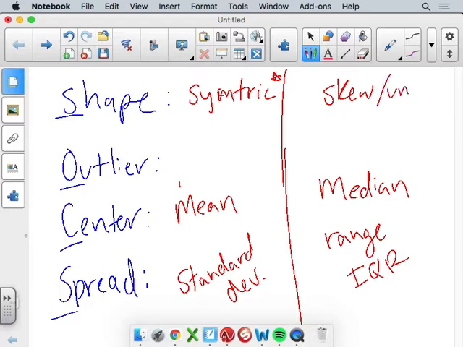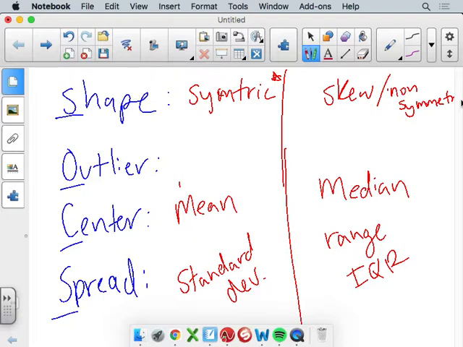Well, I guess uniform would be symmetric, or maybe it's just in clusters, whatever. Skew or non-symmetric, basically. I don't know how to spell symmetric, I guess, off the top of my head.